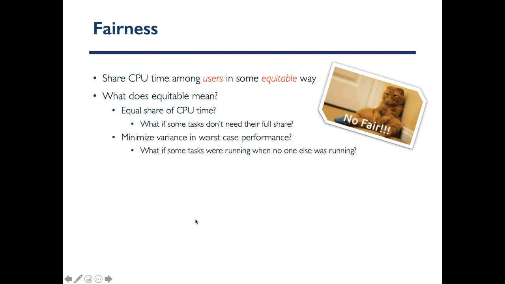So if I now divide Y by X, this is a number less than 1. And this shows how much I experienced slowdown, how much my performance degraded. So some definitions actually try to equalize a slowdown, making sure that everybody sees the same amount of slowdown.